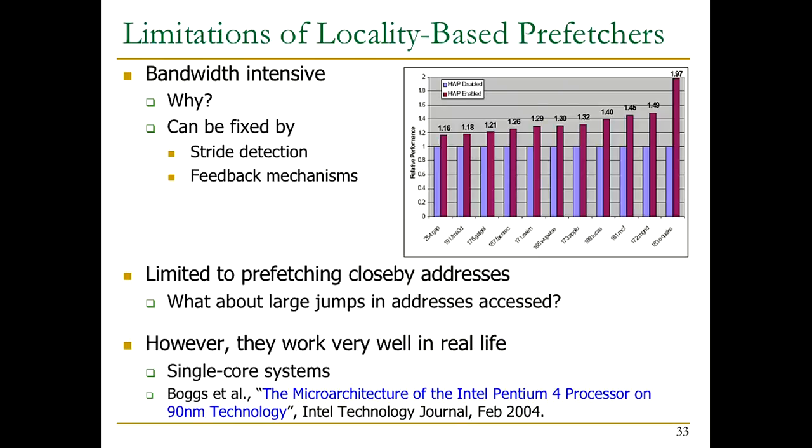But of course, some of these actually are quite predictable. You could capture a lot of it with some other prefetcher also. But based on my experience also, this is actually a very powerful prefetcher, this sort of locality-based prefetcher, because it can be much more general. It's not reliant on a single stride. But you would really like to augment it with things like stride detection to be more accurate and less bandwidth intensive as a result.